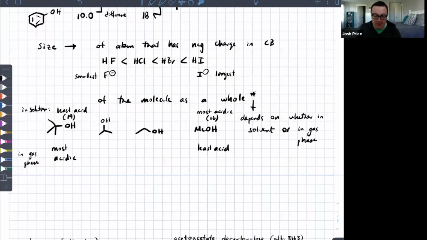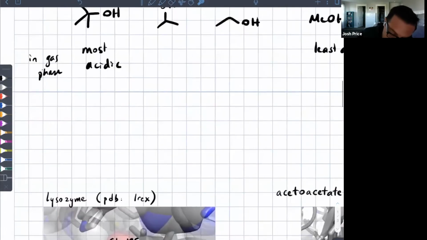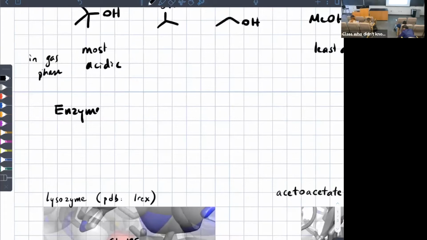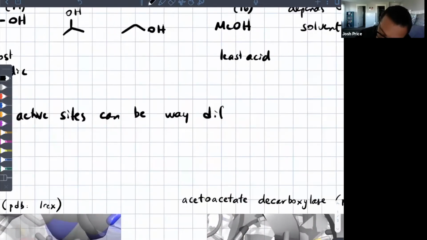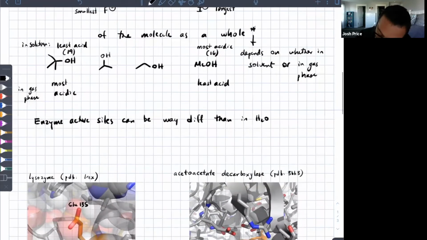So one interesting thing about acidity is that, as we're seeing, it's environment dependent, and enzyme active sites can be way different than in water. Some enzyme active sites are nonpolar.